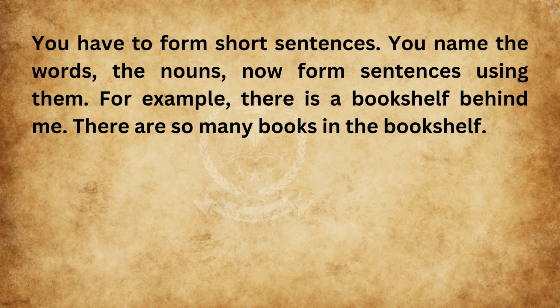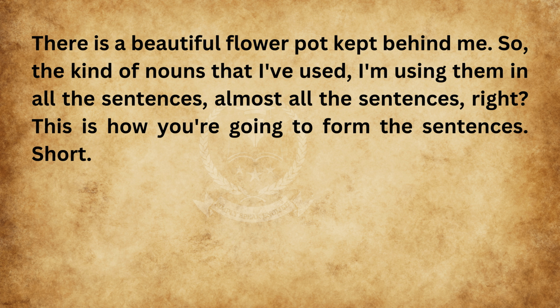You name the words, the nouns, now form sentences using them. For example, there is a bookshelf behind me. There are so many books in the bookshelf. There is a beautiful flower pot kept behind me. So, the kind of nouns that I've used, I'm using them in almost all the sentences, right?